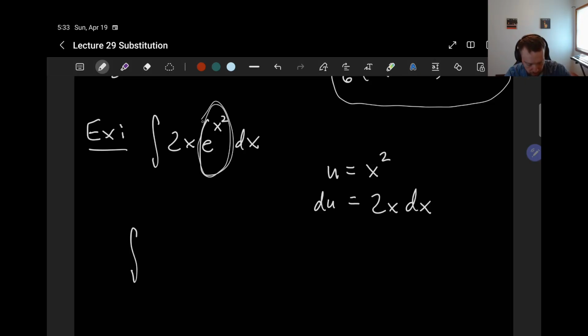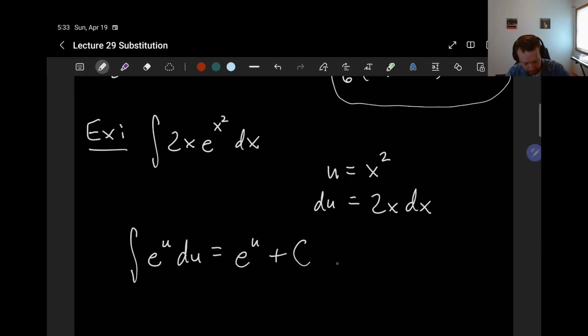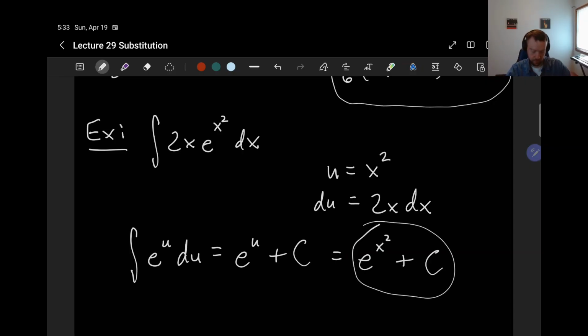And this part is now just e to the u. So we get e to the u plus c. And now we go back to being in terms of x. So switching your integral over to being in terms of u is very helpful.